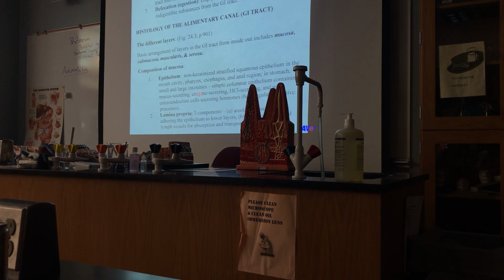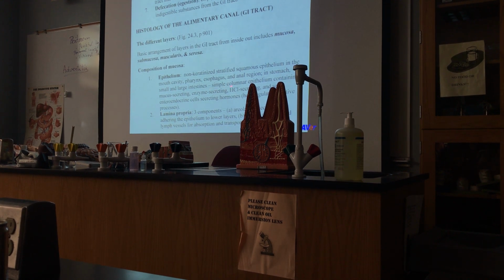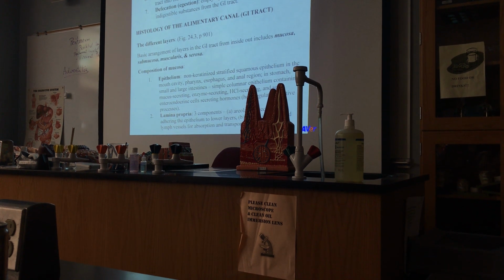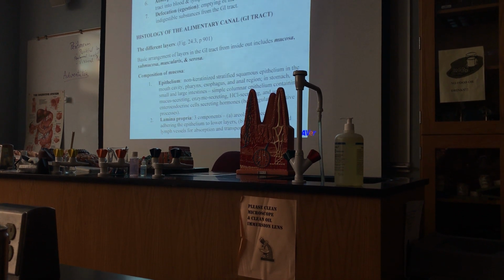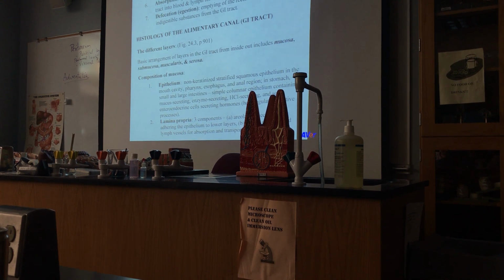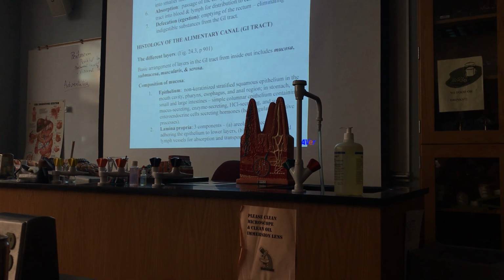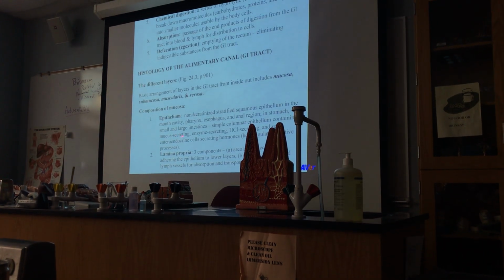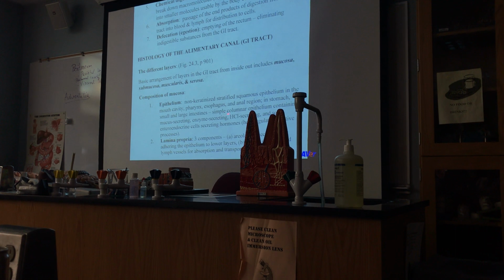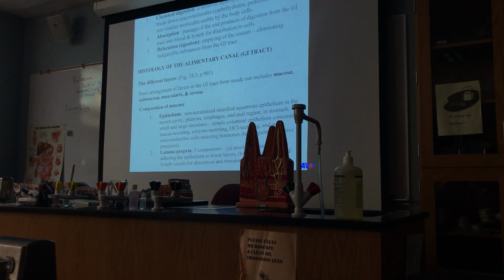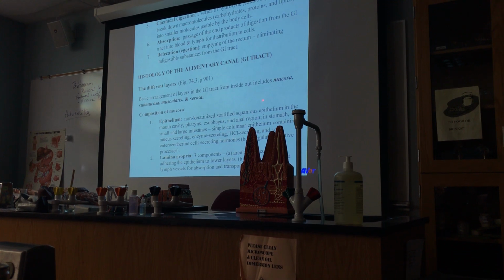In stomach, small and large intestines, simple columnar epithelium. A tissue is made of different cells that form the epithelium. These cells include mucus secreting, enzyme secreting, hydrochloric acid secreting, and some enteroendocrine cells that secrete hormones.